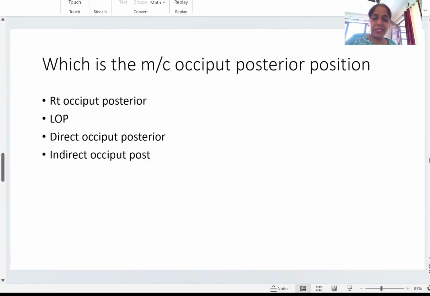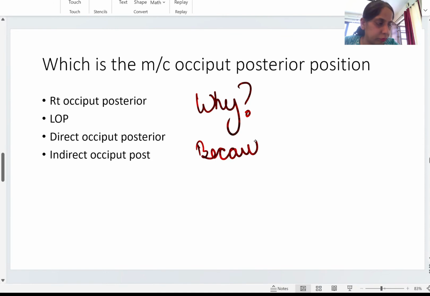Is it okay? Please take this question. Yes, the answer to this question is right occipito-posterior.